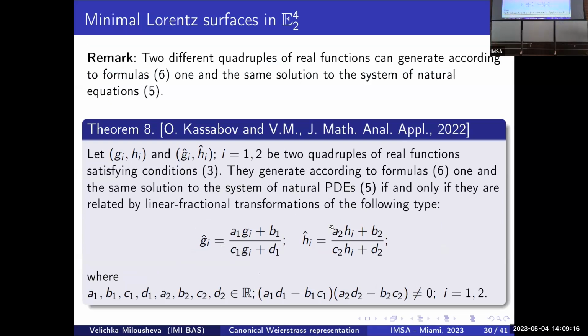These are Möbius transformations, right? Yeah. We just give the connection between them: if we want to obtain one and the same solution, one and the same surface, we have to keep in mind that all generating functions are connected by these formulas.